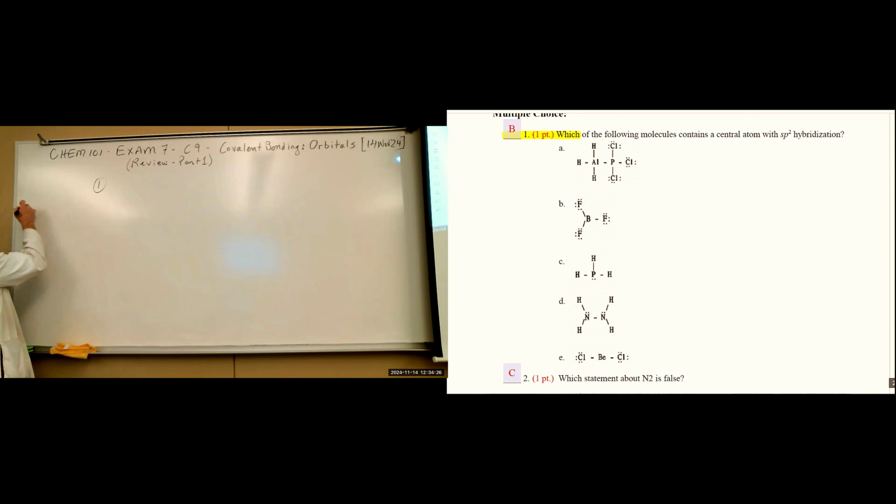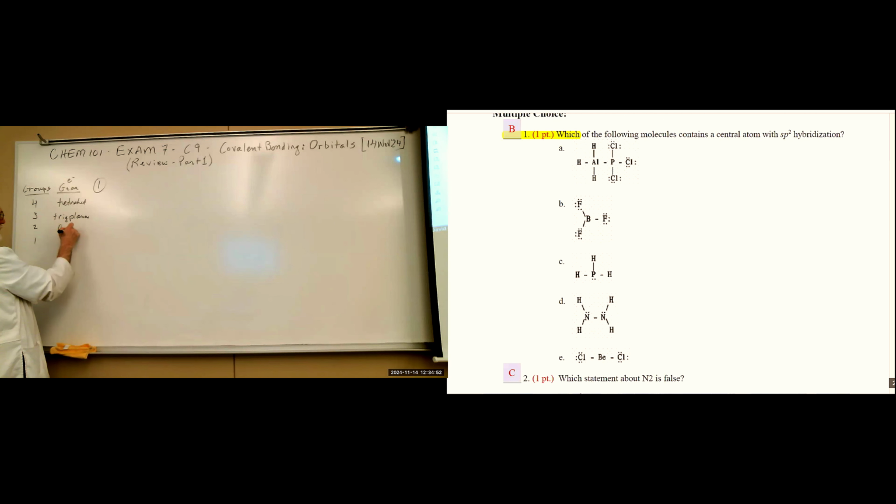If we have groups here, we have 4, 3, 2, 1 in groups, then the electronic geometry actually is tetrahedral. This is trigonal planar.